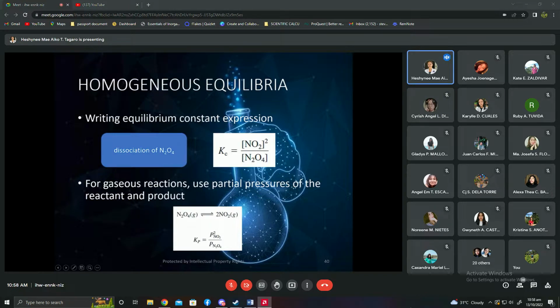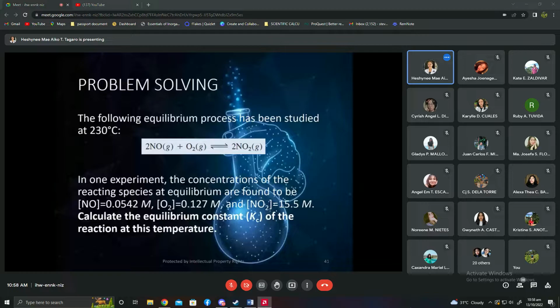Alright? Next, let's try to solve. The following equilibrium process has been studied at 230 degrees Celsius. The reaction of 2 moles of nitric oxide with oxygen molecule gives 2 moles of nitrogen dioxide.